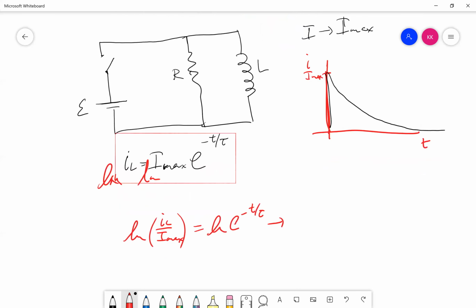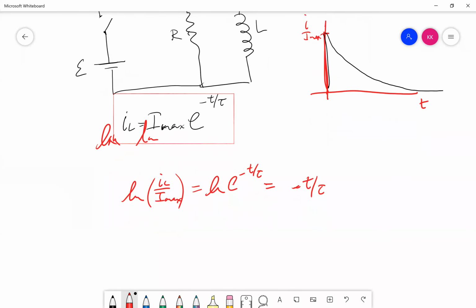So the right side of the equation is going to be negative t over tau, because ln of e to the negative t over tau is just negative t over tau. And then I can see that t is equal to negative tau times ln of IL over I max.